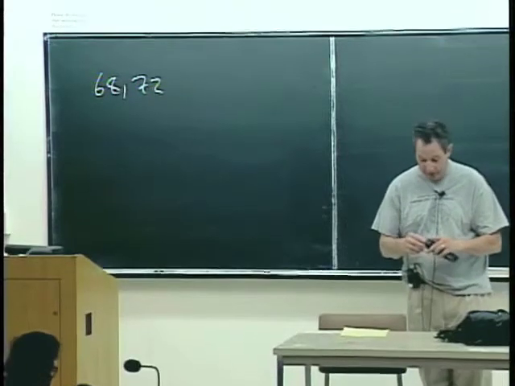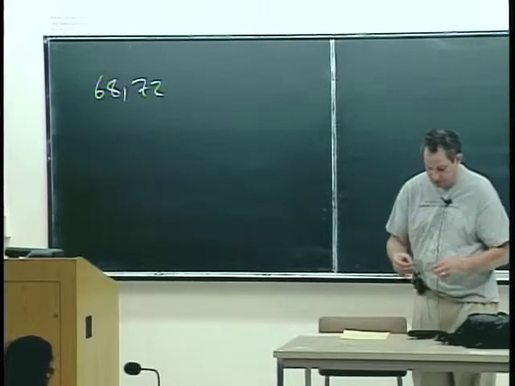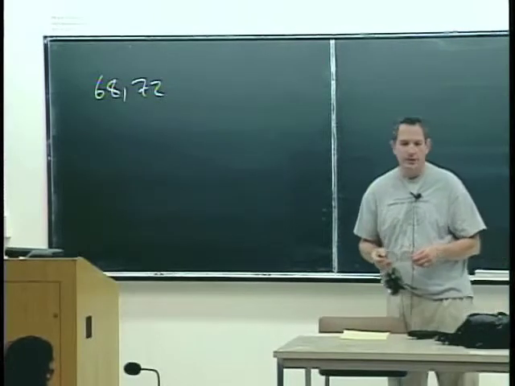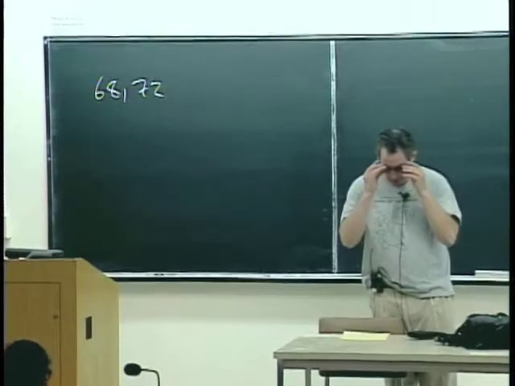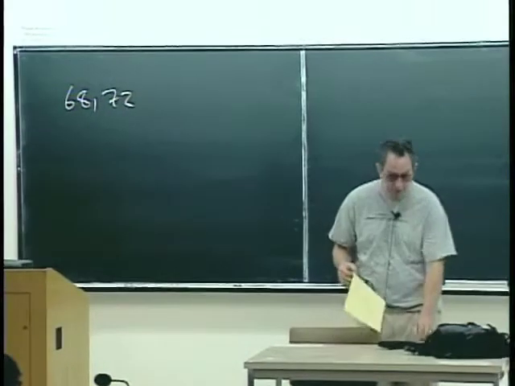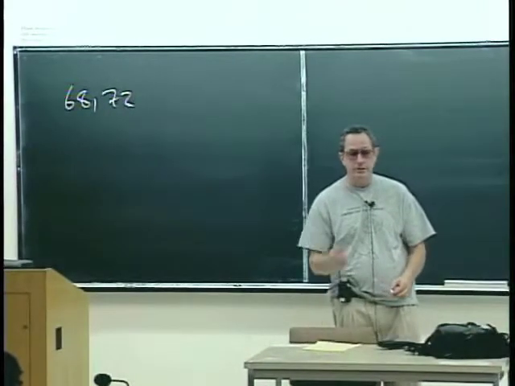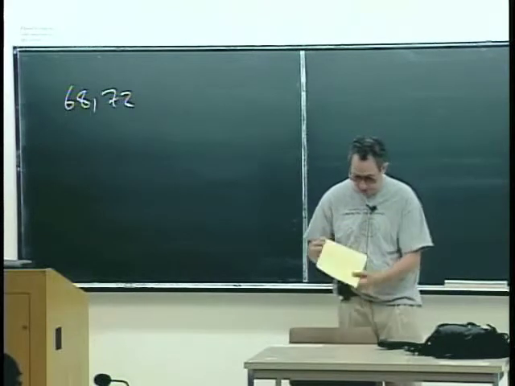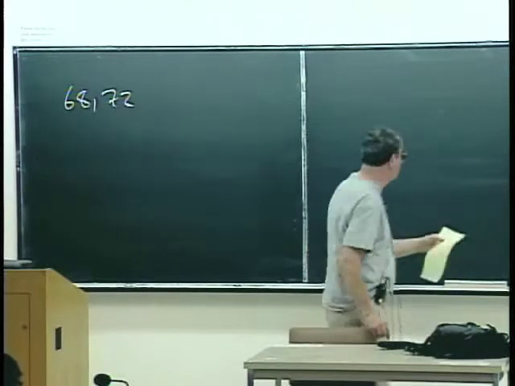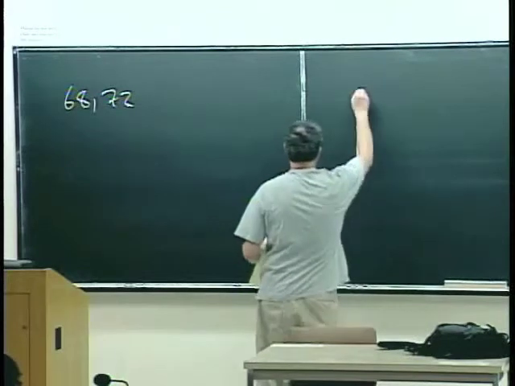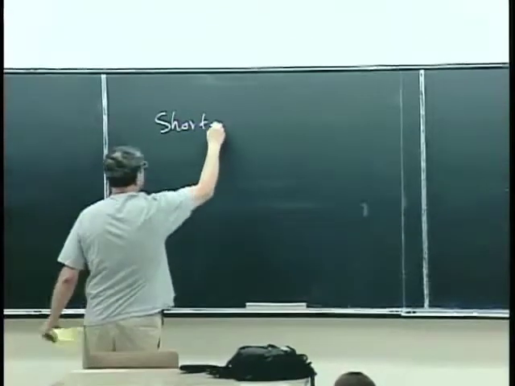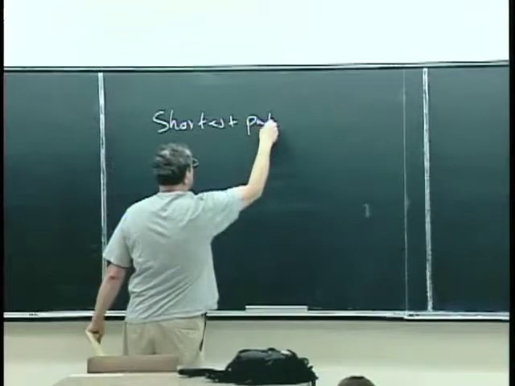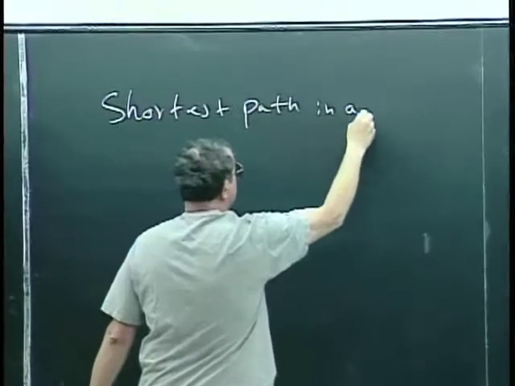Dijkstra was shortest path in a graph, but it was under the assumption that all the edge weights were non-negative. And sometimes it's useful to have negative edge weights. They have some meaning in the problem that you're trying to solve. So we're going to allow, so this is the shortest path in a directed graph.